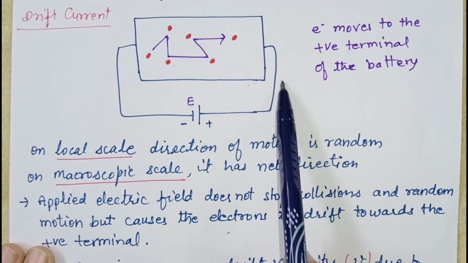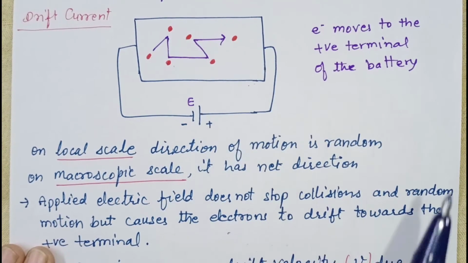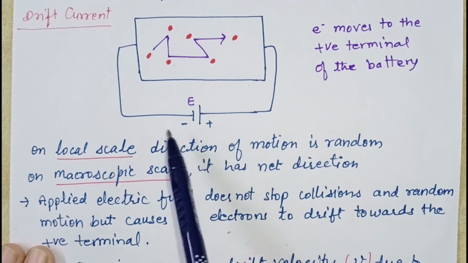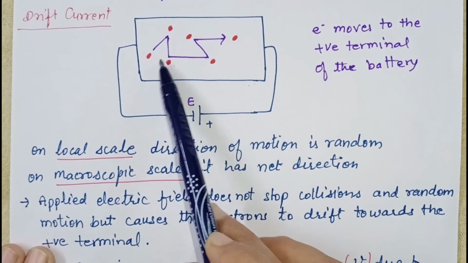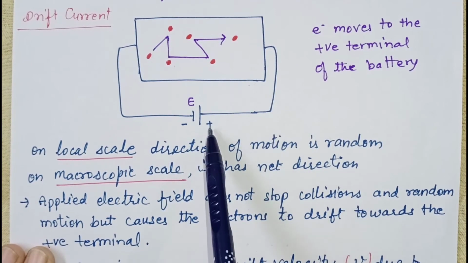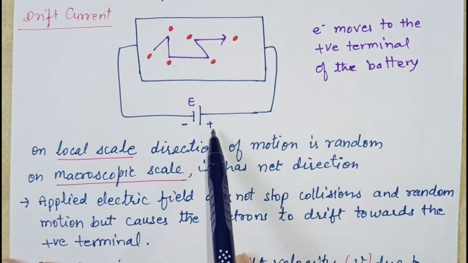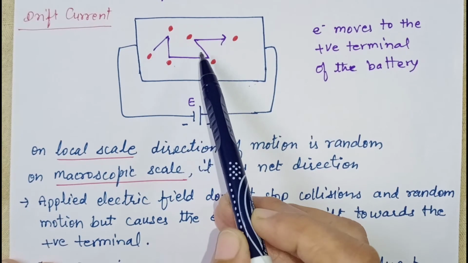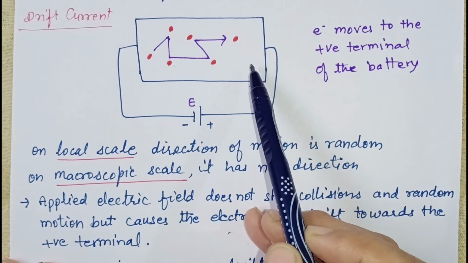Suppose we apply an electric field across this semiconductor. After applying this steady electric field, electrons start to move towards the positive terminal of this electric field. On their way to the positive terminal, they collide with the atoms and rebound in random fashion.